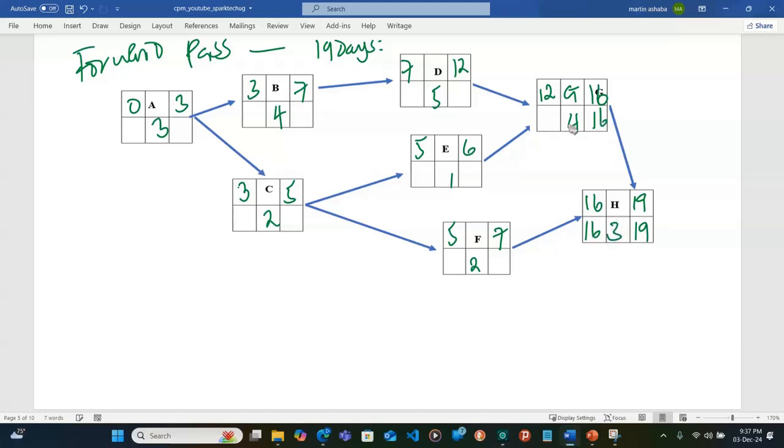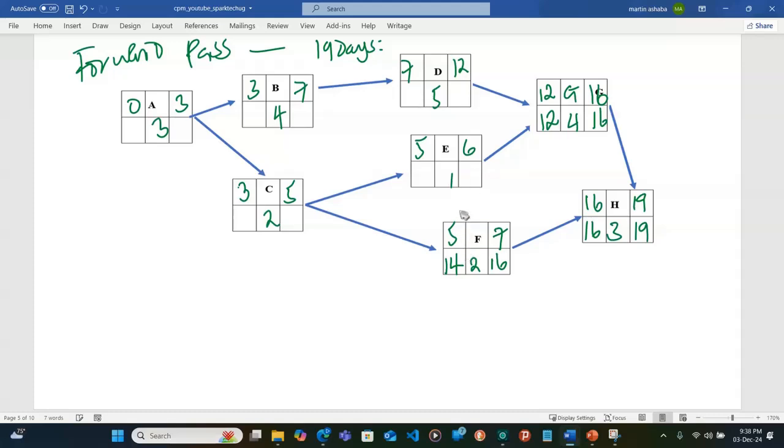Therefore, if I subtract there, I have 12. This is the latest start time, so this becomes the latest finish time for this activity. When I do the subtraction, I get 14. This is the latest start time here; it must have been the latest finish time.